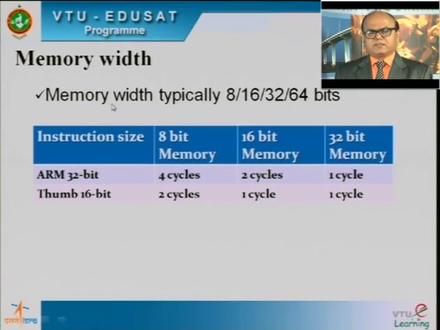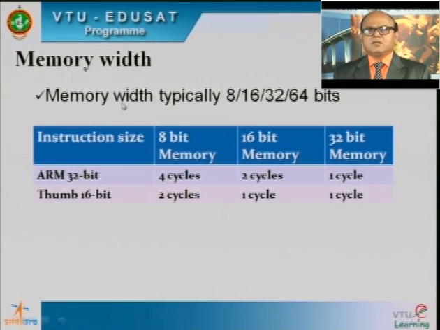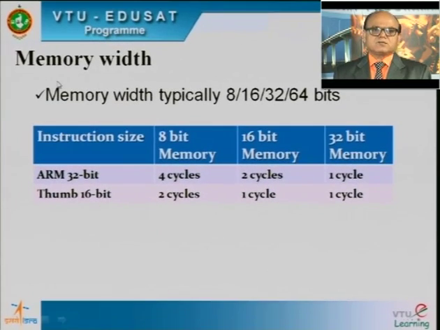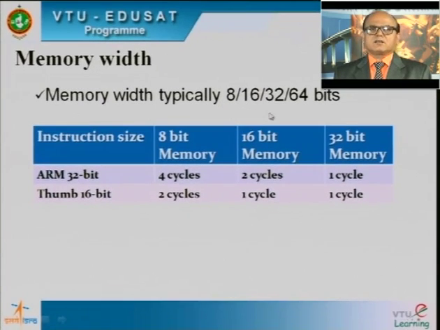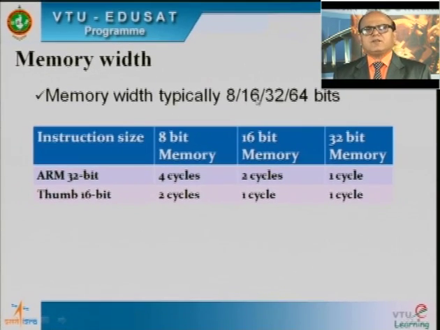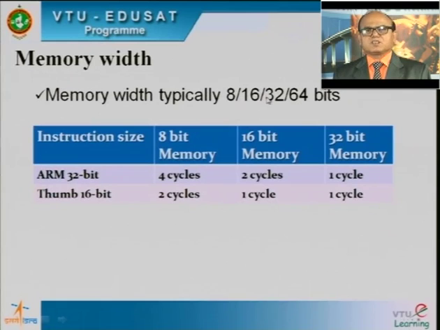Coming to the memory width, which is another deciding factor in the selection of memory, it could typically be 8-bit, 16-bit, 32-bit or 64-bit. For example, many ARM processors are 32-bit processors, and they have byte or half-word configurations also.